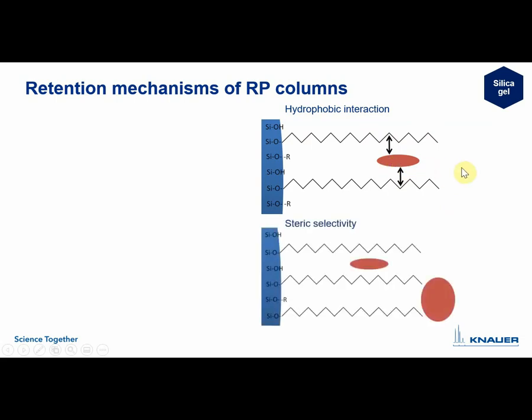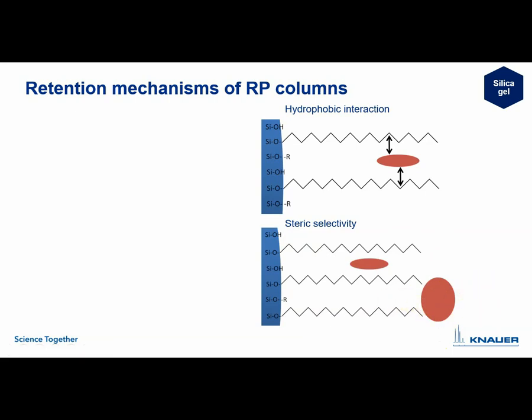And on the other hand, we also have a steric selectivity by bringing these chains on the particle. So for example, smaller analytes will stay a lot longer on this column, because their way through the column is much longer, because they always go between the chains and out again, while a larger particle can't penetrate all these spaces between.